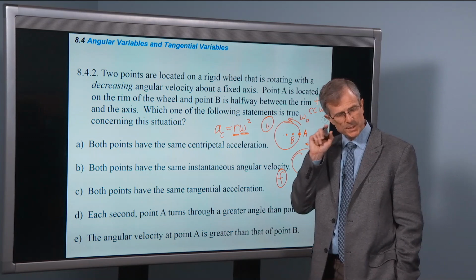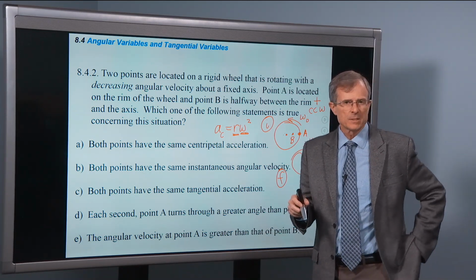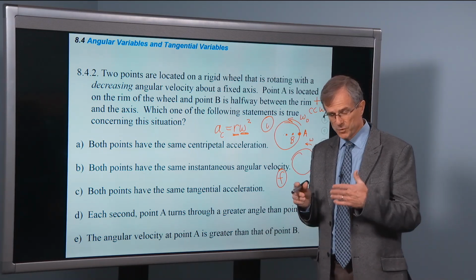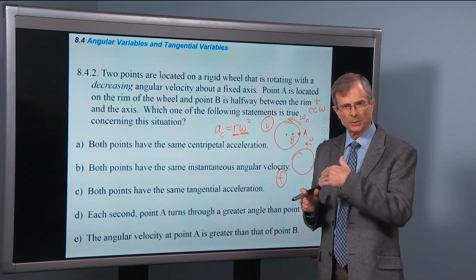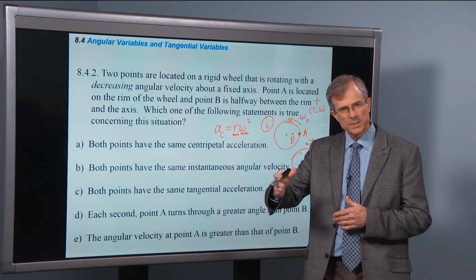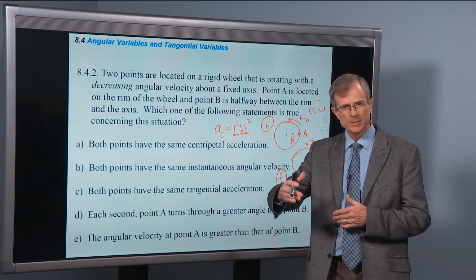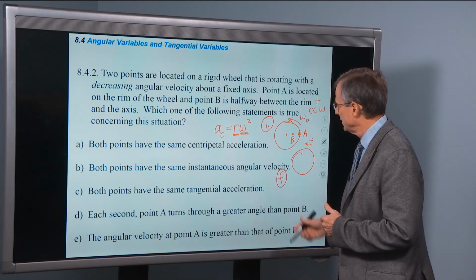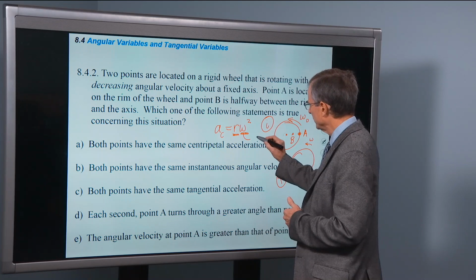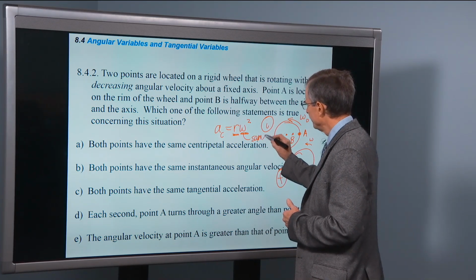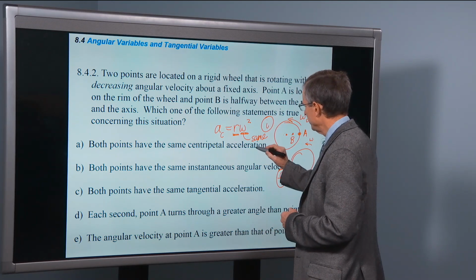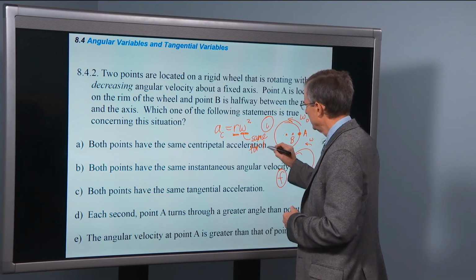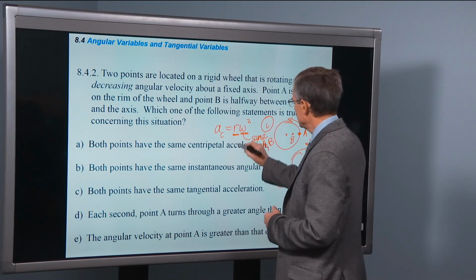That's when we first introduced the concept of an angular velocity, and I tried to emphasize to you that any point on that circle is going to rotate through the same angle in the same amount of time as any other point. So this is the same for both. The omega is the same for A and B, but this is different.